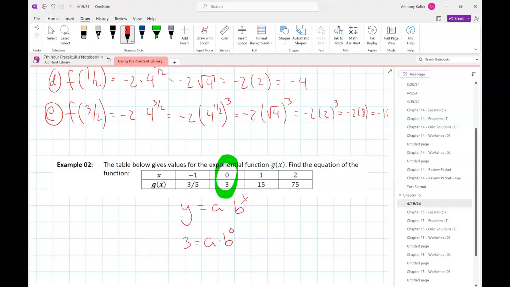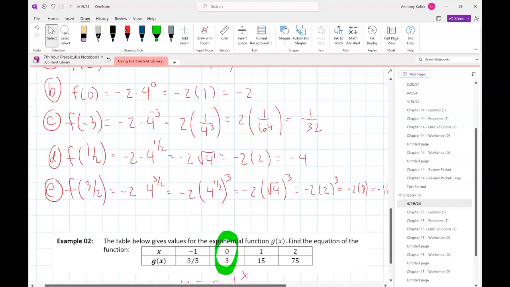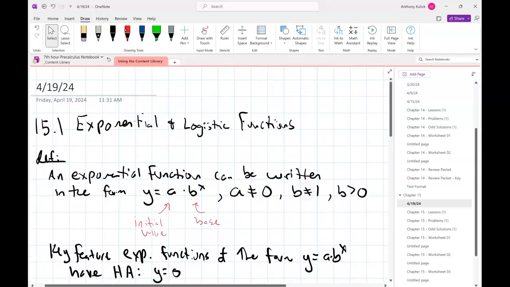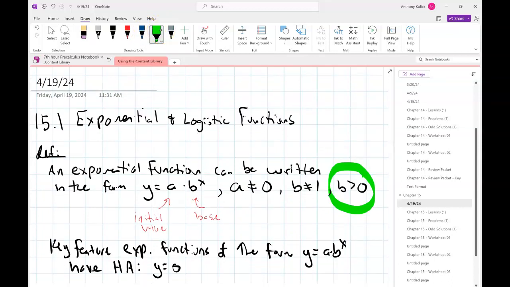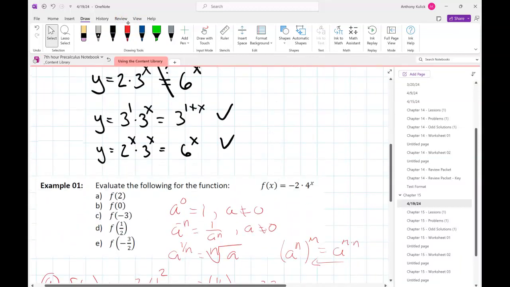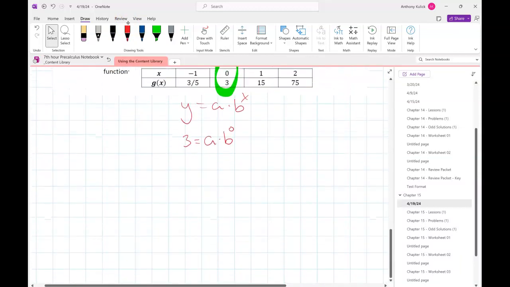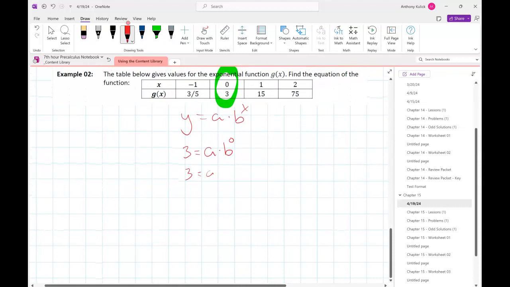Just asking for the reason. You're right, it is 1, but why can't b be 0? Go all the way back. We defined it that way, right? Yeah, so no, it can't be 0. So yes, 100%, that's just 1, so a is 3.